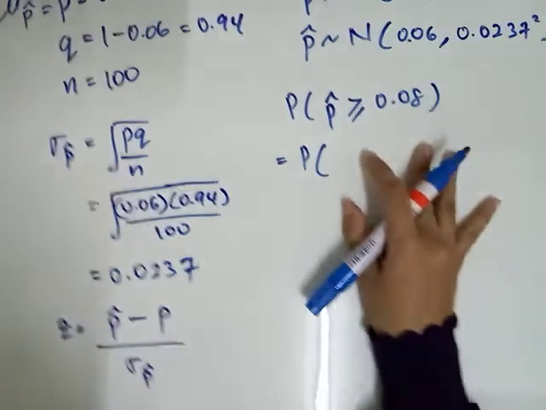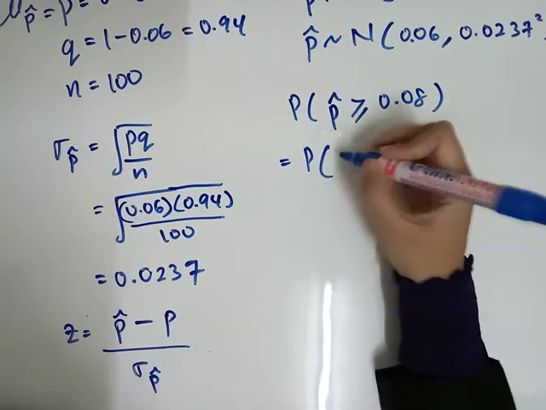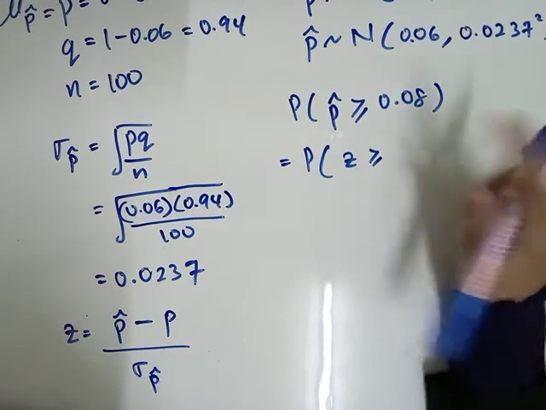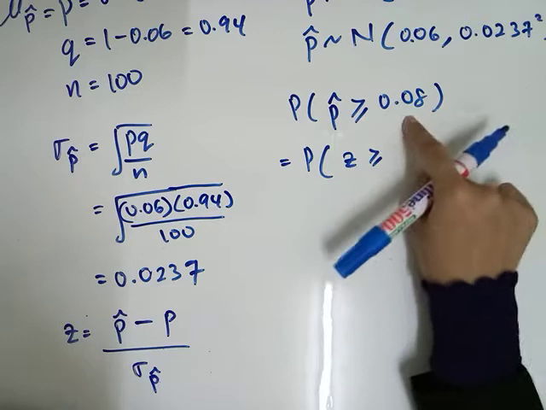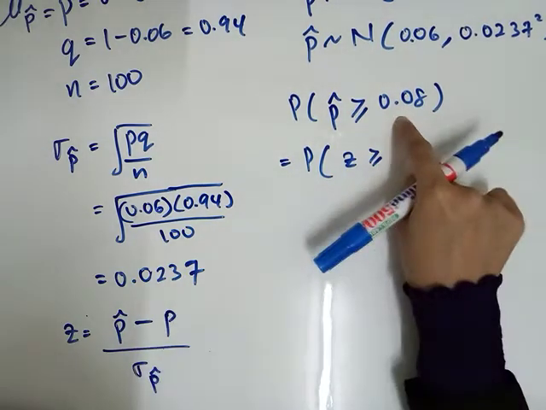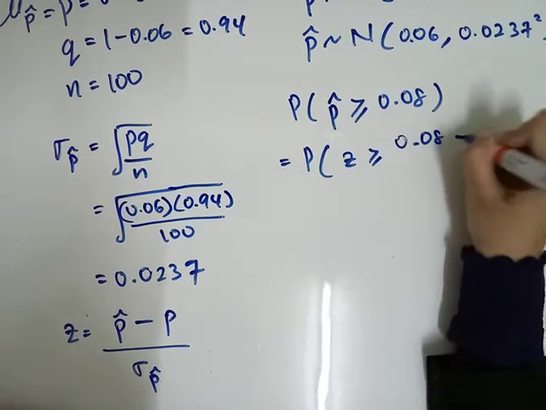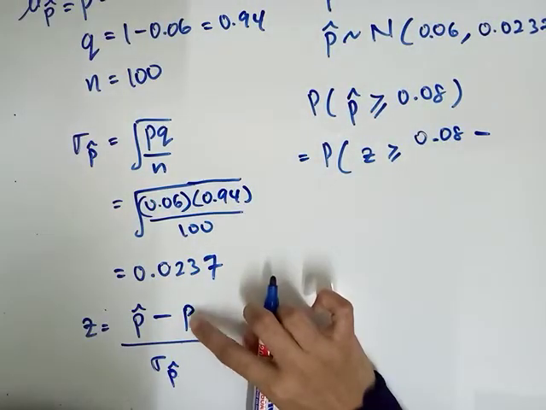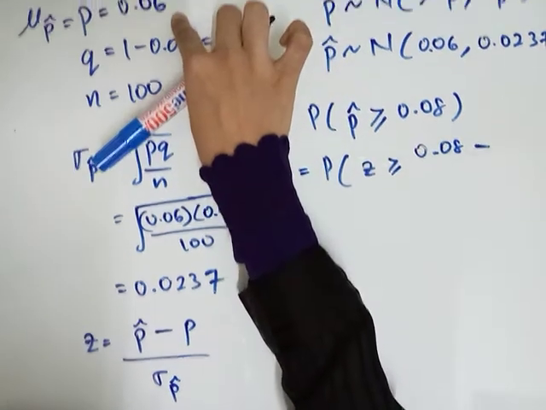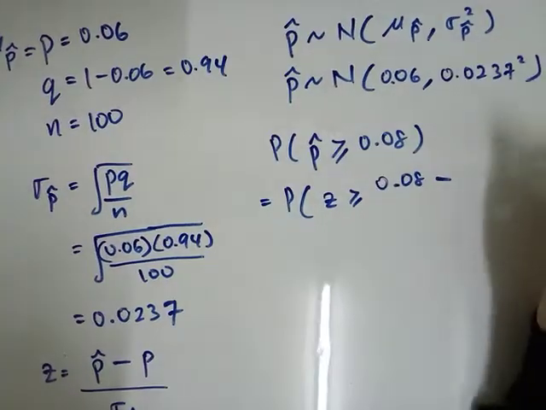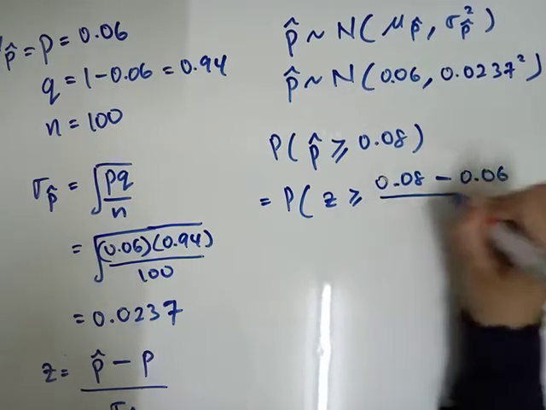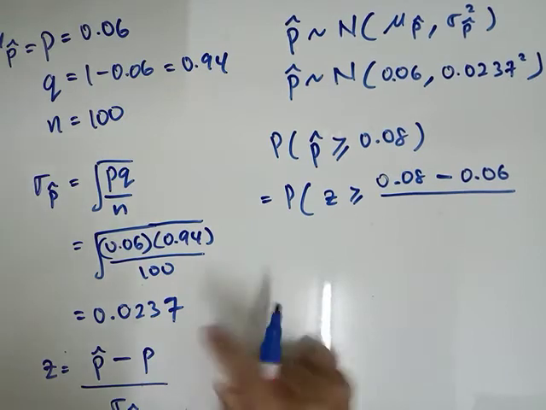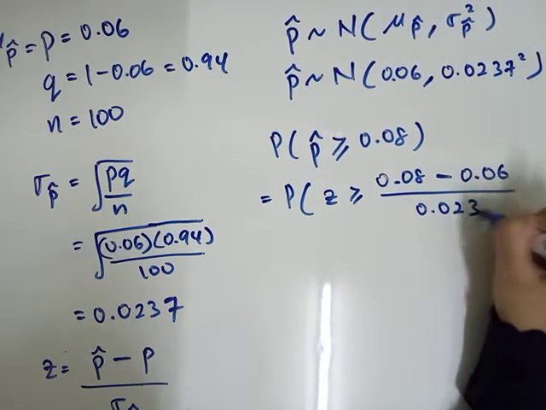So from sample proportion we need to change to Z. Z is more than or equal to, sample proportion 0.08 minus population proportion, which is 0.06, divided by the standard deviation, awak dah calculate ni, 0.0237.